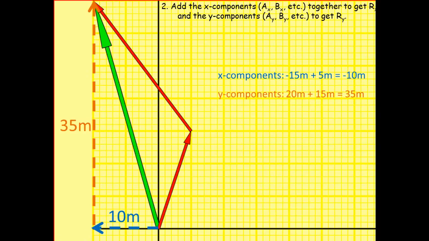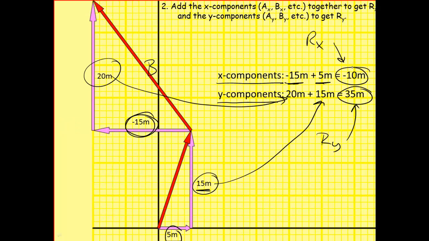So we add those values up. The x components are negative 15 and 5, so that gives me negative 10 meters. The y components are 20 and 15, and that gives me positive 35 meters. Those are the same values that we called R sub x and R sub y.